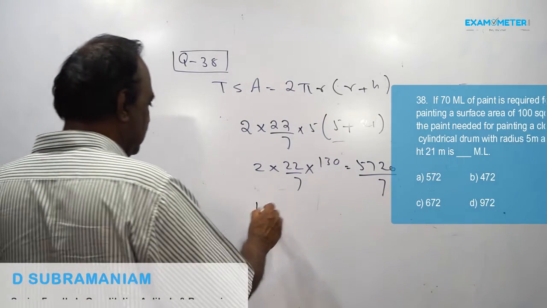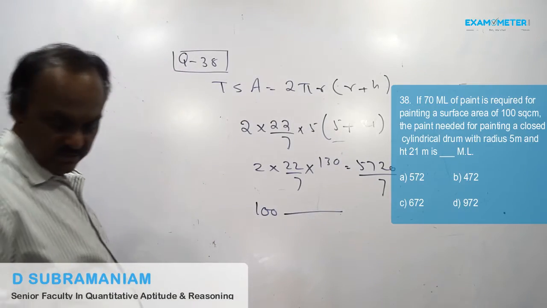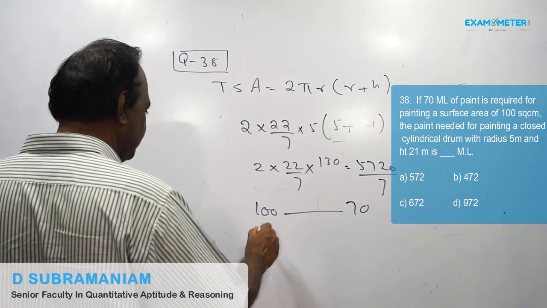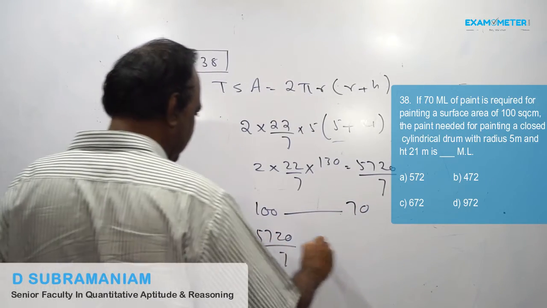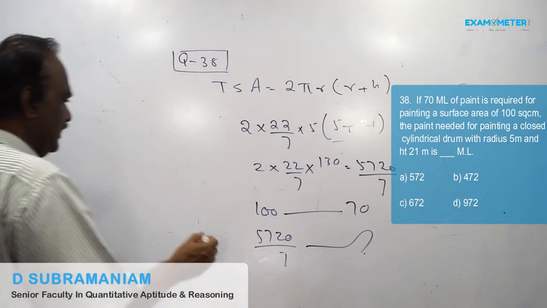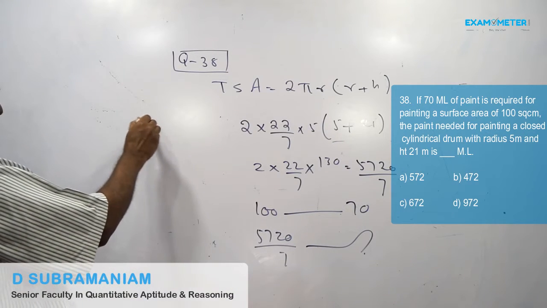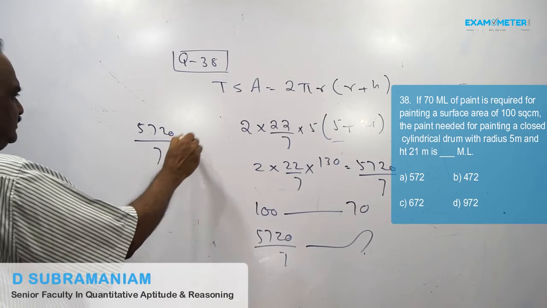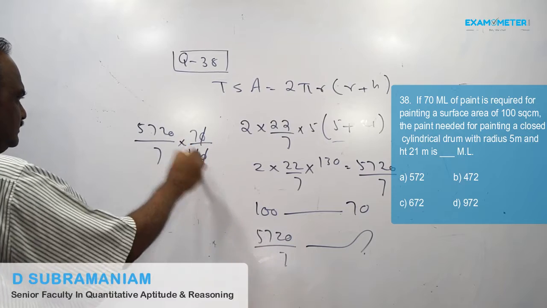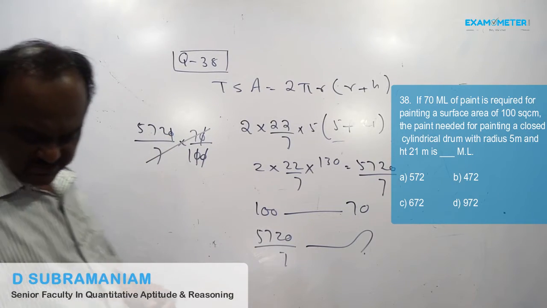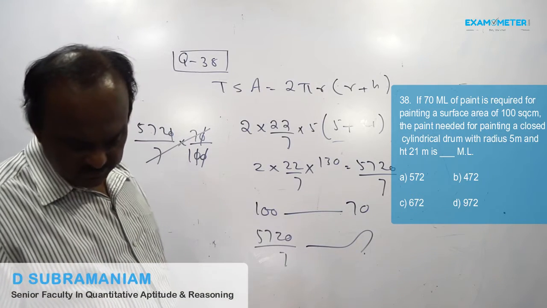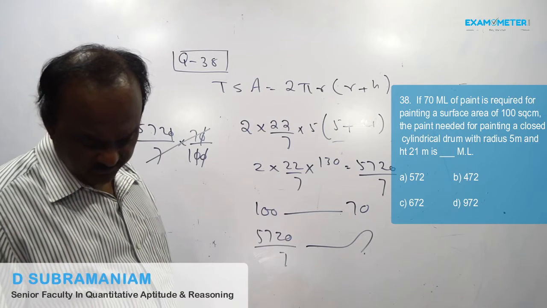Now, for 100 square meters, required paint is 70 ml. For 5720 by 7, how much paint is required? 572 ml is required. So the answer is 572. That is multiple choice A.